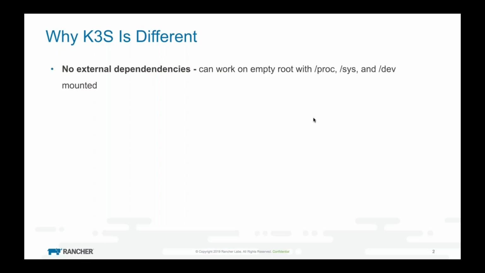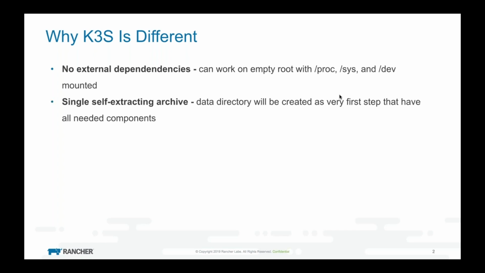So one of the things that makes K3s different from other distributions is that K3s does not depend on any external dependencies. Basically, it can work on an empty root on any Linux system with /proc, sys, and dev mounted. So you don't have to install any prerequisite tools to run Kubernetes. K3s is also a self-extracting archive.